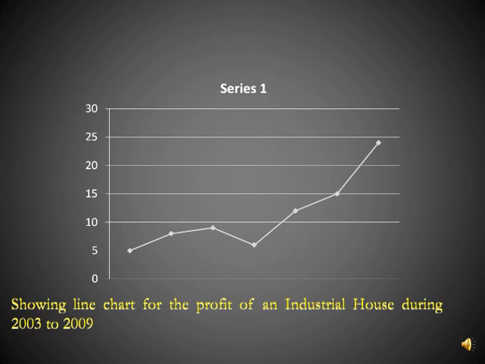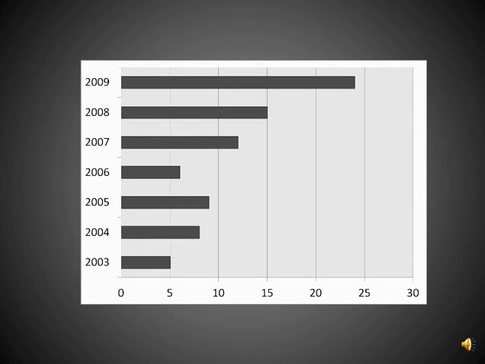As you can see here, we have just plotted the points and joined them, and this is our line chart. We can also use bar diagram for this. As you can see here, we have made a bar diagram here for the years 2003 to 2009.